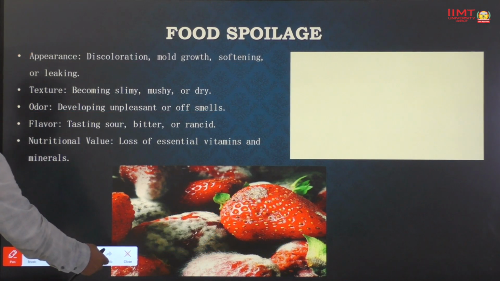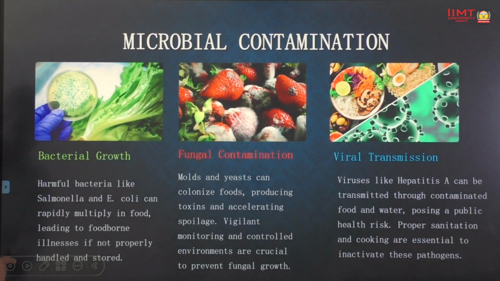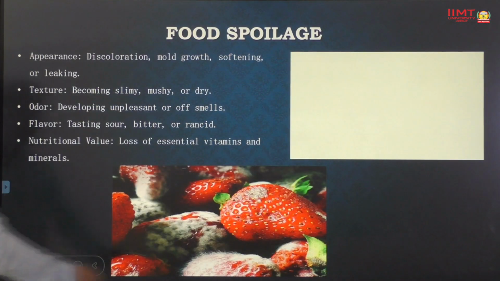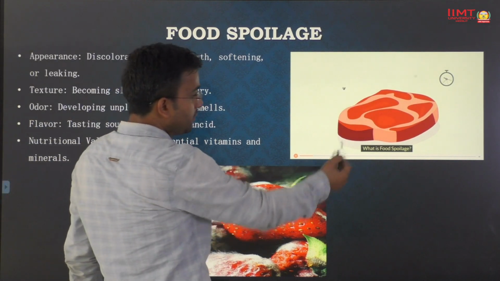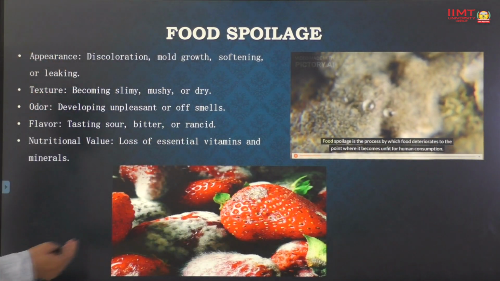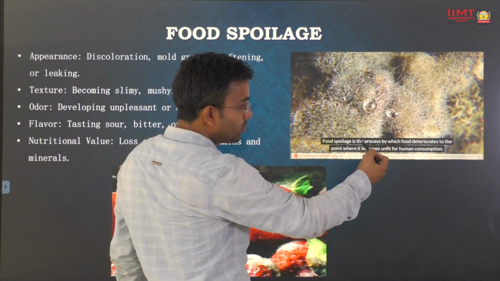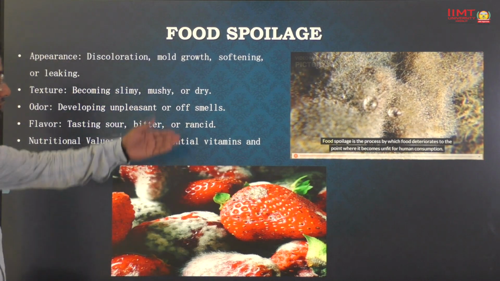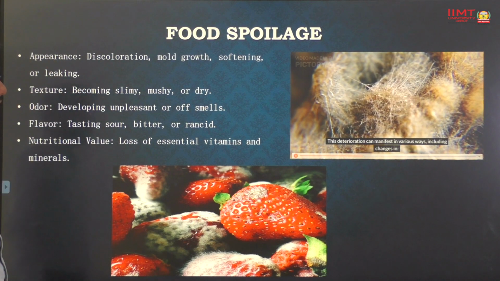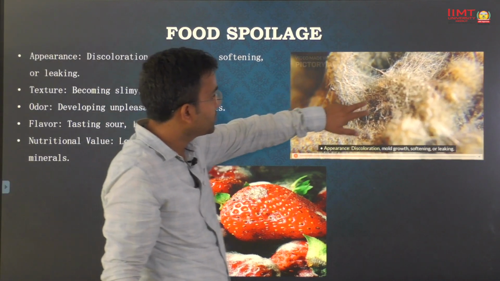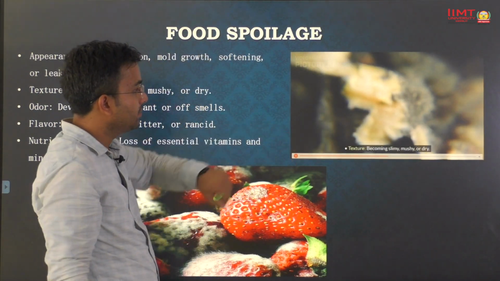So we have a small clip about food spoilage. We have seen what food spoilage is, how food becomes spoiled, and the microbial analysis under the microscope which we studied in the last unit. Here we see the structure of the bacterial infected area of a food item.